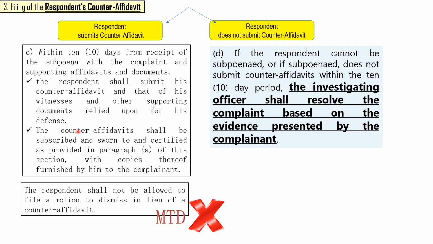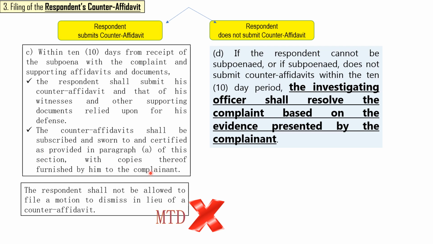And the same rule also when we talked about the complaint, it must be subscribed and sworn to before the prosecutors. Take note again of the rule pagdating sa notary publics. They are allowed only if the prosecutors are unavailable or they are absent.